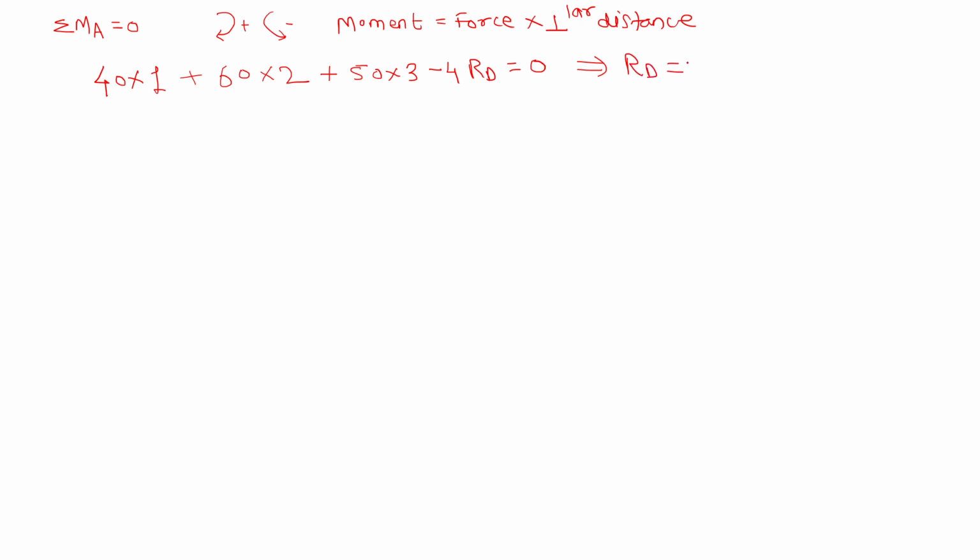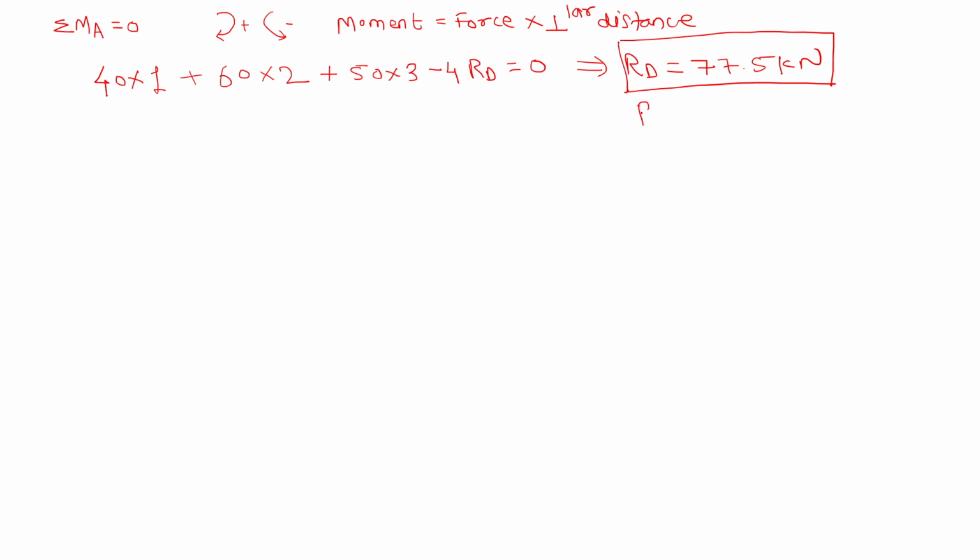So if you do the calculation, 40 plus 120 plus 150 divided by 4, it is 77.5 kilonewton. So this is my RD.